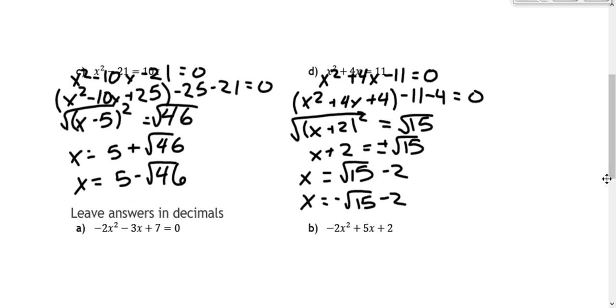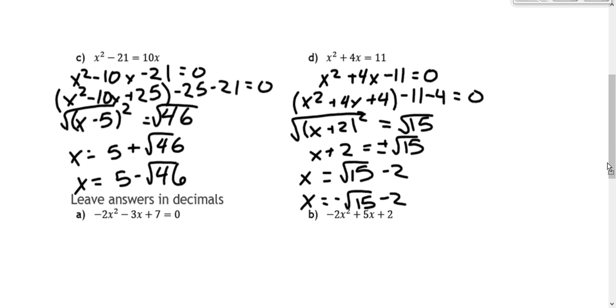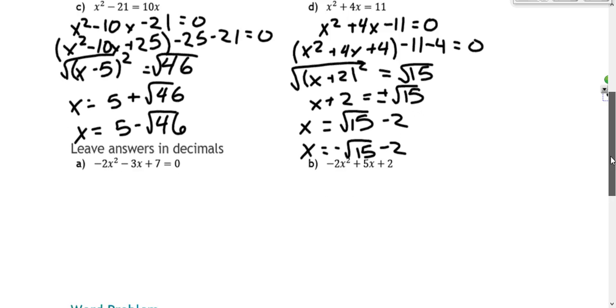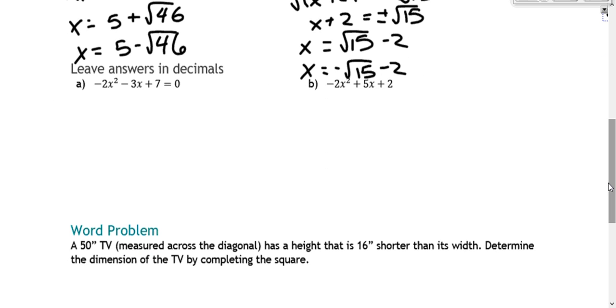Okay, and we'll do A but not B. First thing that we should do is divide everything by negative 2. So then x squared plus 3 over 2 x minus 7 over 2 is equal to 0.